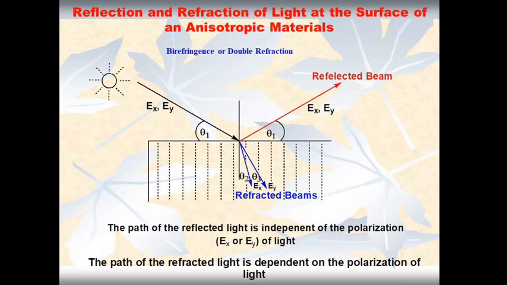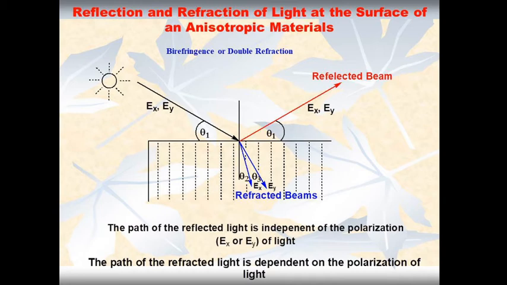Let us consider another case in which our material medium is anisotropic, in which there is a variation of the refractive index in that medium. When light passes through the interface, the reflected light is the same, but the refracted light is diverted into two angles, theta 2 and theta 3.